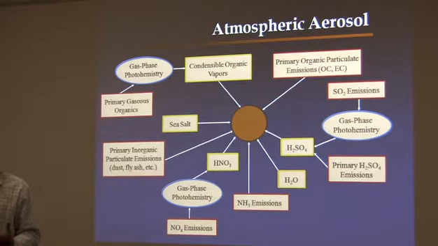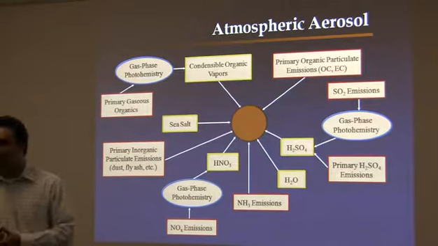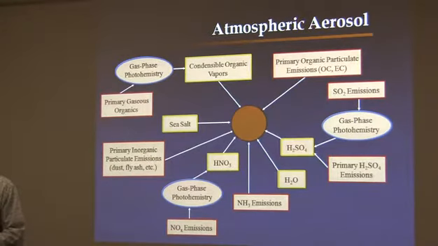So from a policy point of view, you can imagine it's more sensitive to tell a farmer to get rid of their cows than to tell an oil company to get rid of their sulfur. Certainly I'm not a policy expert, but I can see where those issues are coming into place. Yeah, very good.